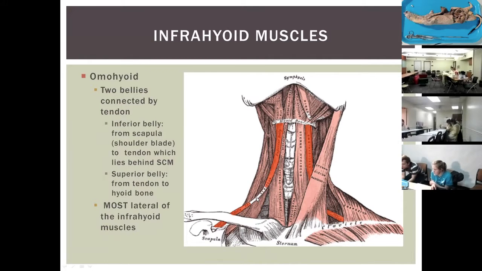The inferior belly goes from the scapula, or what you may know as a shoulder blade, to the tendon, and the tendon lies behind the sternocleidomastoid. This is the sternocleidomastoid on the left side, so if it was on the right, you would cover up that tendon that connects the inferior and superior belly. And the superior belly goes from the tendon to the hyoid bone. This one is the most lateral of the infrahyoid muscles.